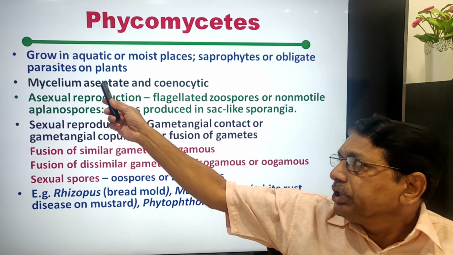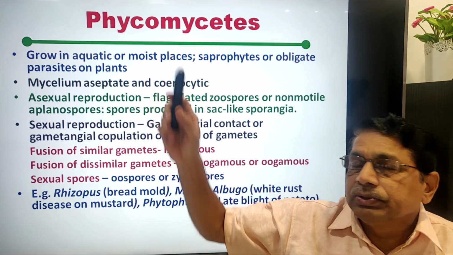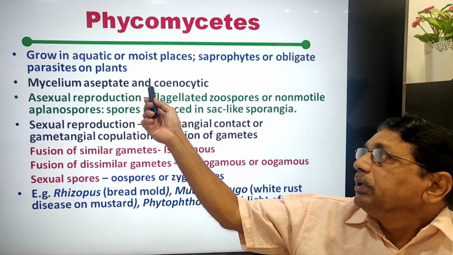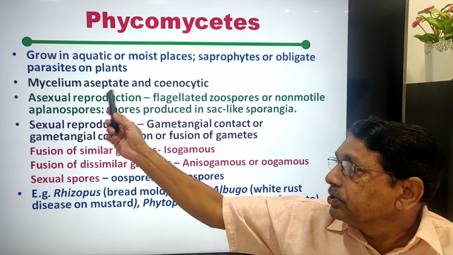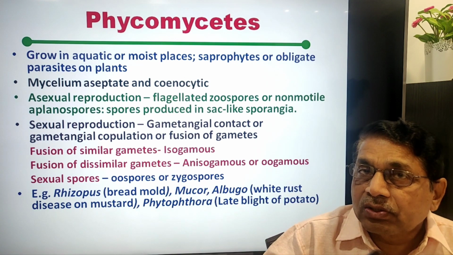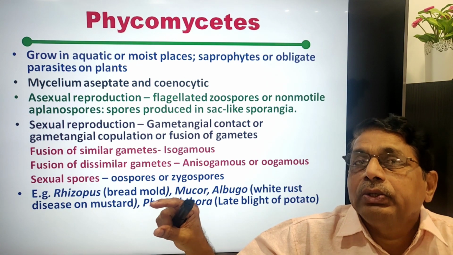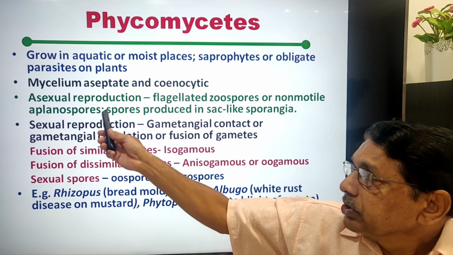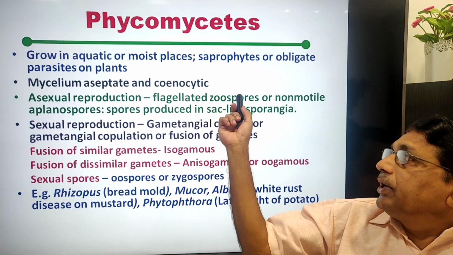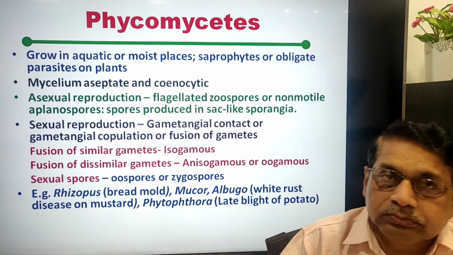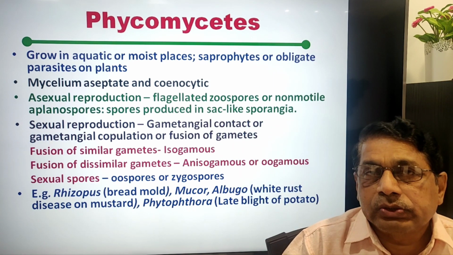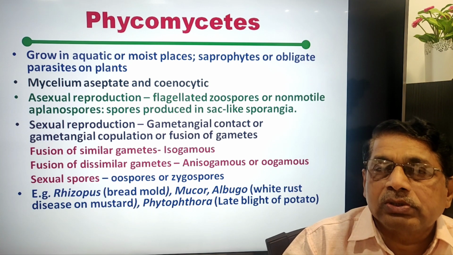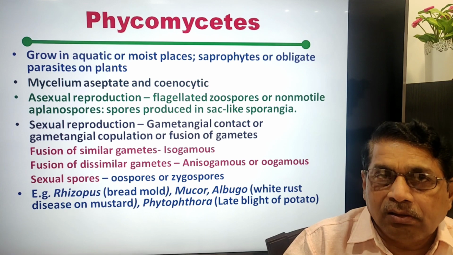Mycelium is aseptate or coenocytic. Coenocytic means cells or tube-like structures without septa, multinucleate. Asexual reproduction by flagellated zoospores. The name itself indicates zoospores, zoo meaning animal, animal-like spores that move with flagella.